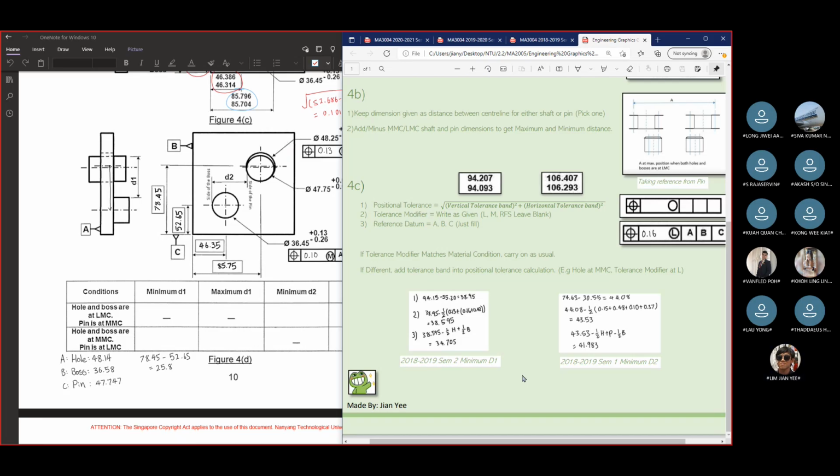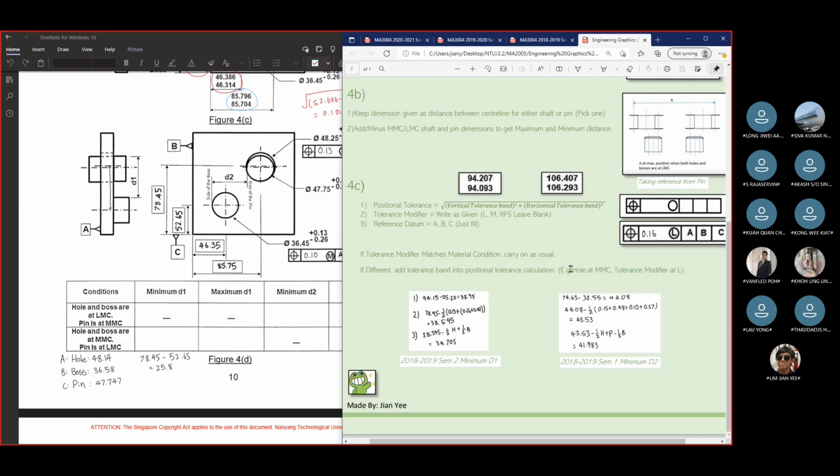Now for the, I would say, confusing part. If the tolerance modifier matches the material condition, carry on as usual. If different, add the tolerance band into the positional tolerance calculation.